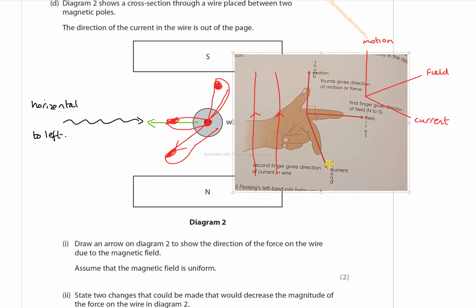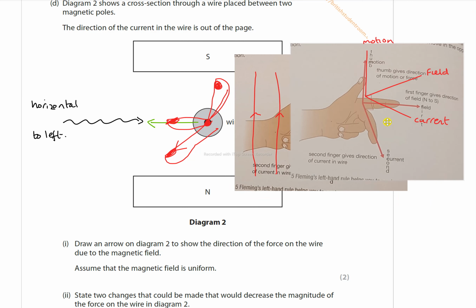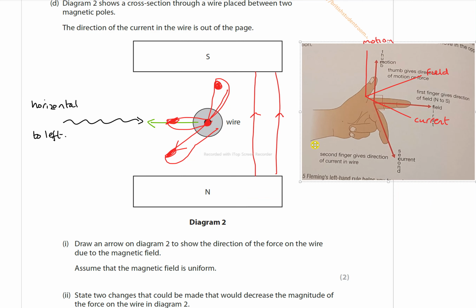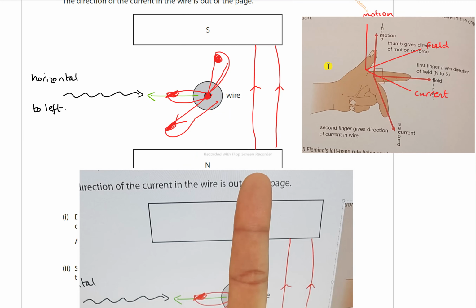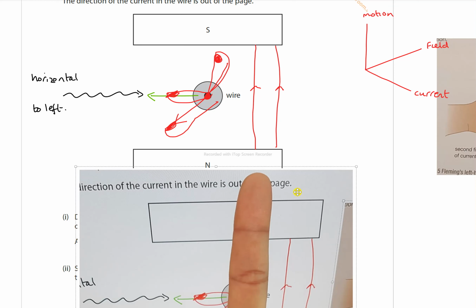Shall I take a picture? Just bear with me, see if I can take a picture. Right, let's have a look at this.